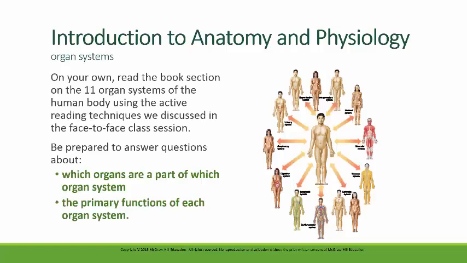So here's the assignment. On your own, you need to read the section of the chapter that discusses the 11 body systems, the organ systems, and I want to really encourage you to use active reading techniques. We talked a little bit about this. Just in case we didn't, active reading means choosing a time when you are at your very best and getting things so that it's quiet and you can focus and concentrate, and then sitting down with the book and reading through it, and then taking notes from it or using a computer, you can type up notes, or however you want to summarize what you're reading.